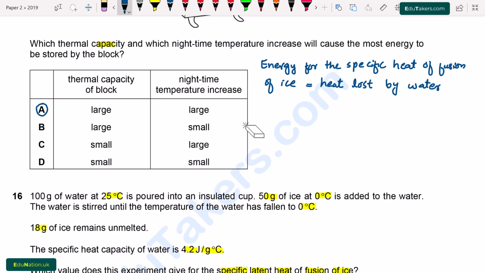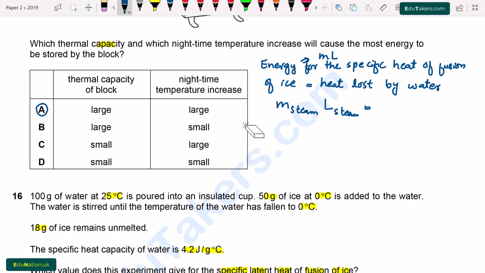Now I write here the formula. As this energy is equal to m and L, I write here mass of ice and L of ice, that is the specific latent heat of fusion.